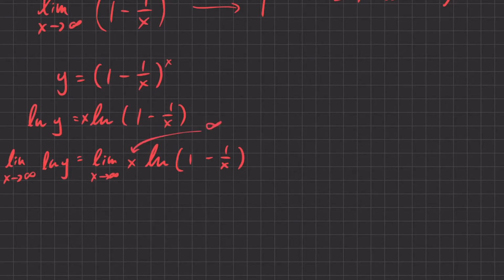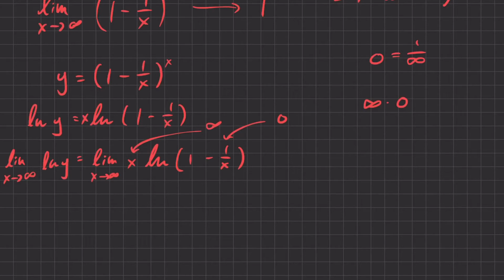And then this is going to, well, we've got 1 minus 0, which is 1, and the ln of 1 is 0. Natural log of 1 is 0. So this is infinity times 0. So if I wanted to, I can think of 0 as kind of like 1 over infinity.